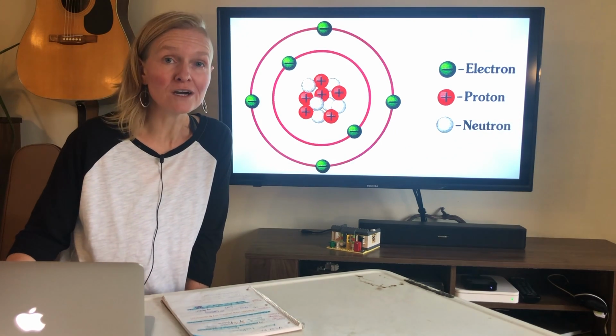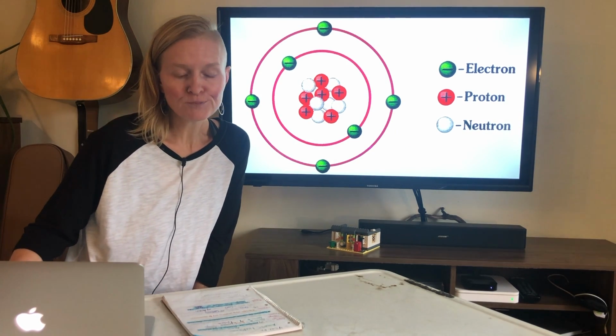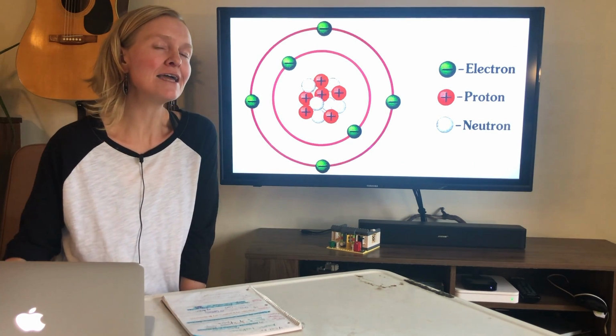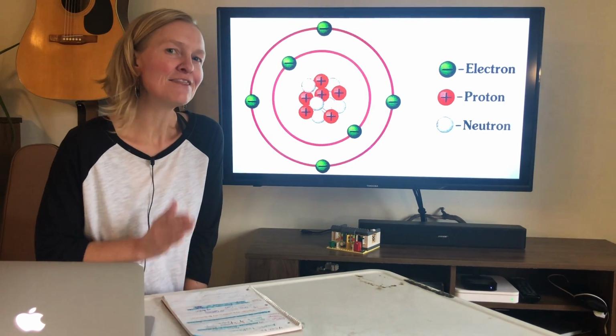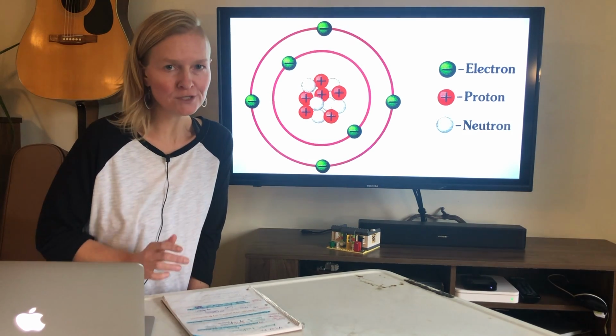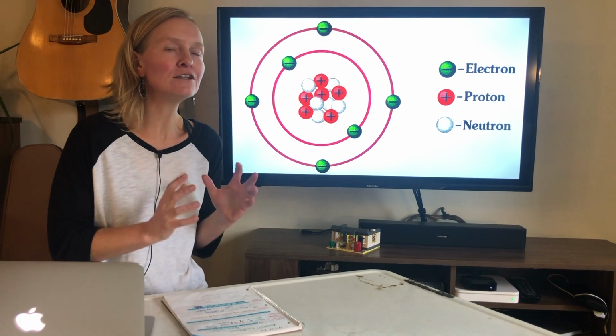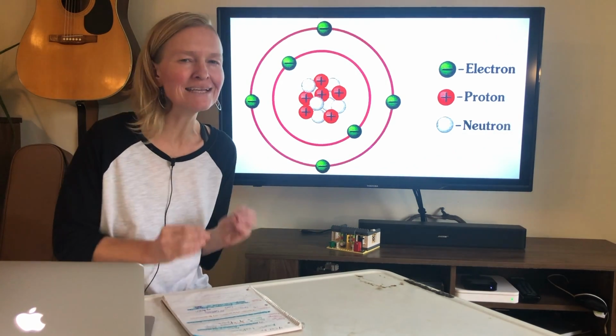So therefore, the number of protons in the nucleus of an element is what defines that element. It's super important to remember that the number of protons in the nucleus of an element is what makes it that element.